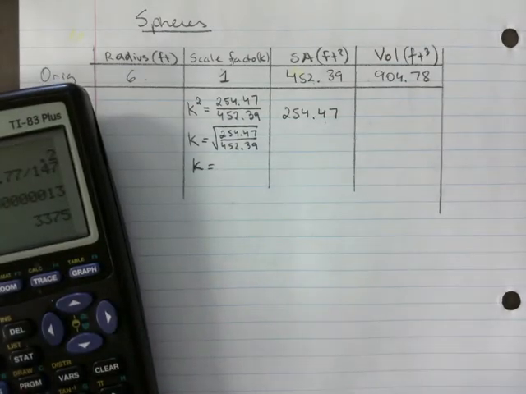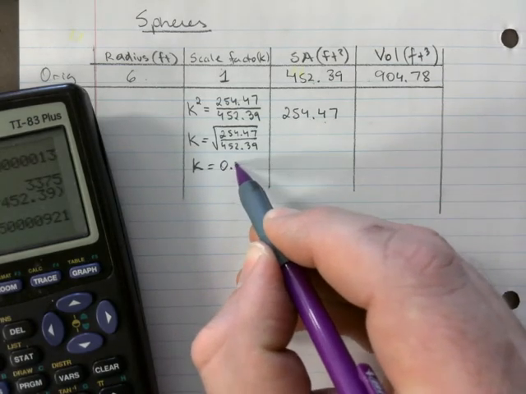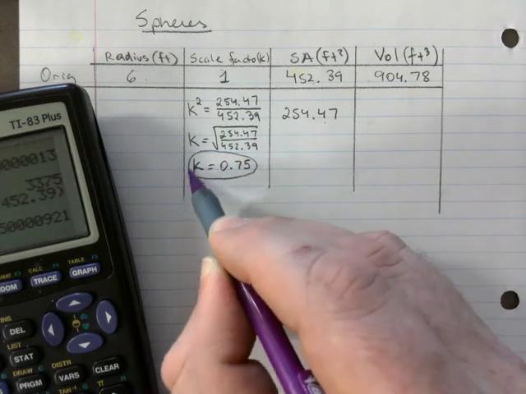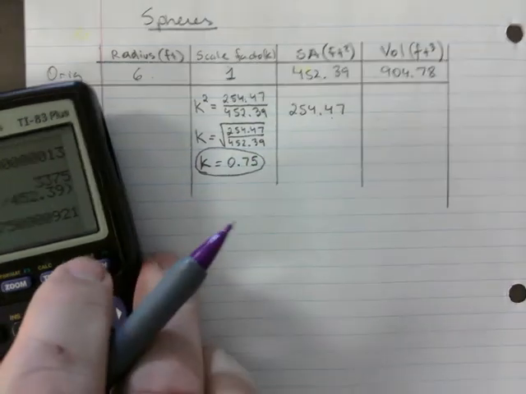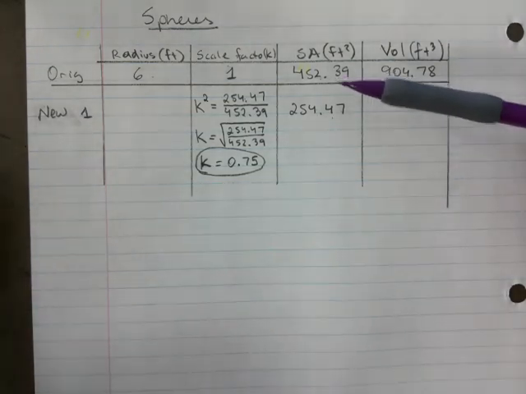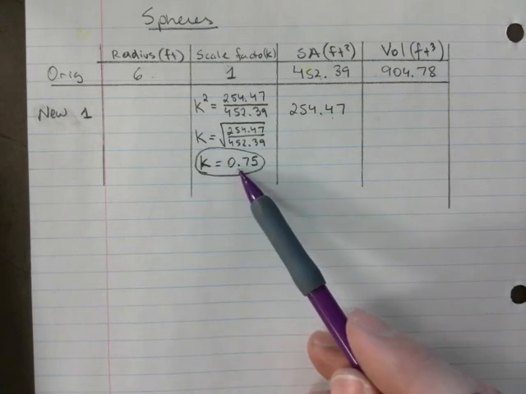Second x2, right? 254.47, 452.39. And that's exactly 0.75. Okay, so we know that everything has been reduced by 0.75.